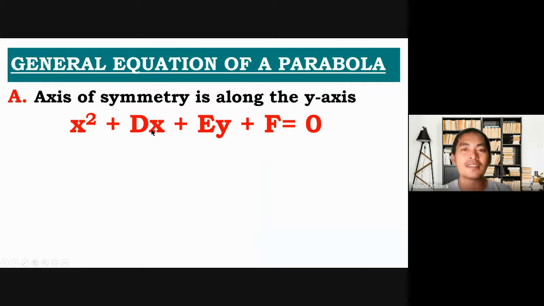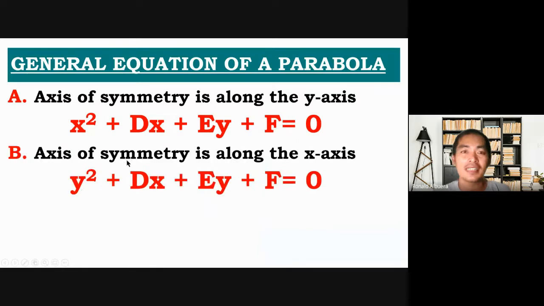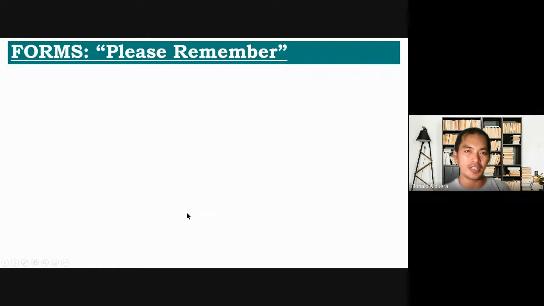Galing ito sa general equation of the conic or second degree equation, equals 0. Take note, pag general equation, laging naka-equate sa 0. And another is, when the axis of symmetry is along the x-axis, meaning sideward ang graph, ano yung clue? Ang may square ay variable y.